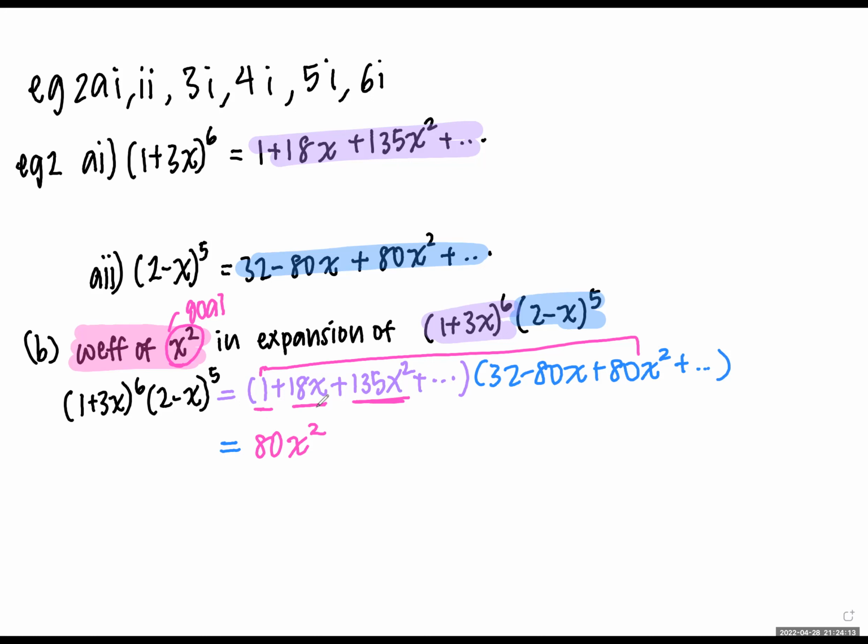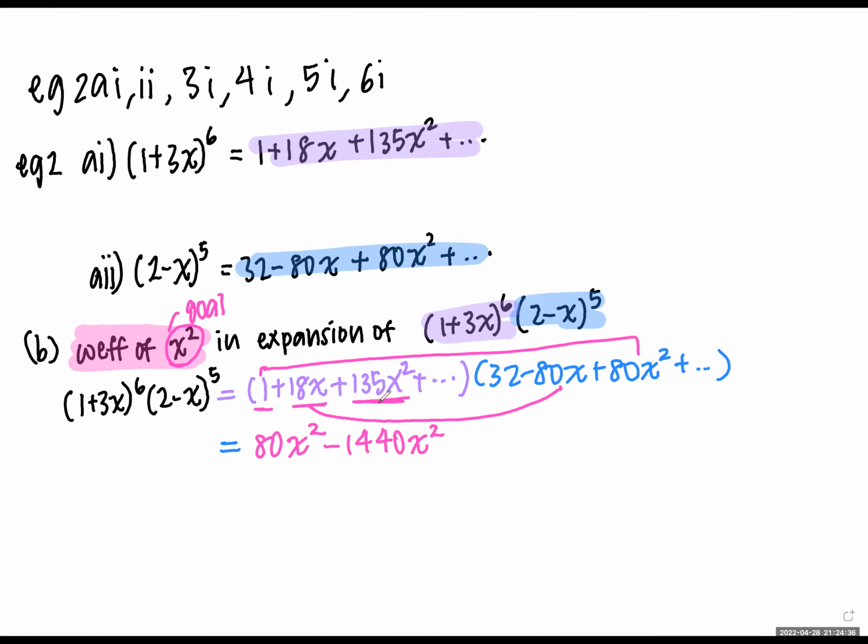Next up, the next person is 18x. So 18x partners with who over here to give me my x squared? Minus 80x. Yes. And what do I get? Minus 1440x squared.